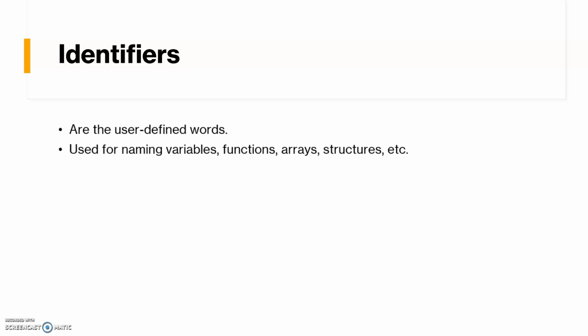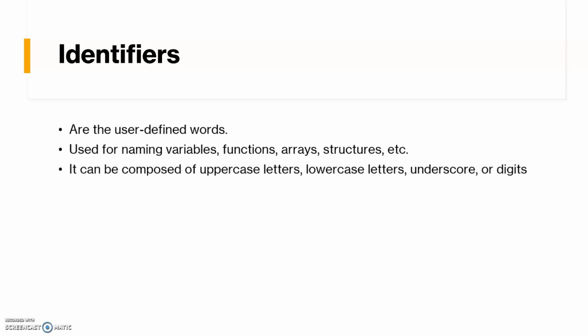These user defined identifiers are used to name your variables, arrays, structures, or functions. For anything you are doing for your purpose with user defined words, you can use identifiers.